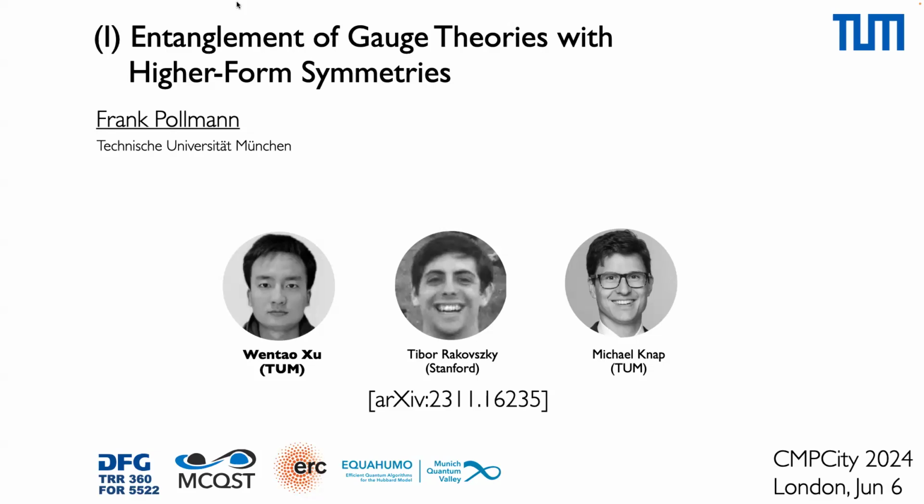Here the idea is that we use higher form symmetries to understand these topologically ordered phases. Let me go quickly over these slides, and then it's up to you if you want to discuss it more.